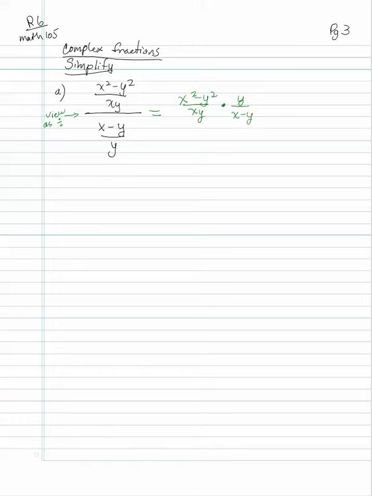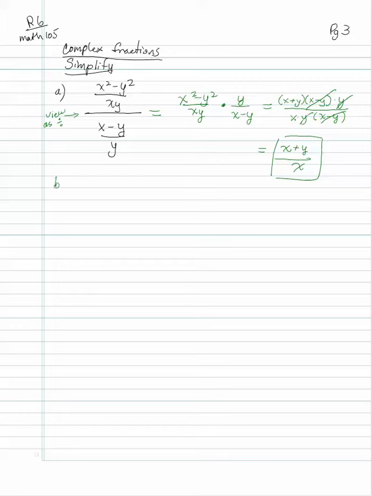And now it's just a regular multiplying one. And then we can factor the tops, the difference of squares. Cancel the x minus y's. Cancel a y. And we're left with x plus y over x. And that's my answer. Okay, so that's one technique: you take the top fraction divided by the bottom fraction. So you view it as a division symbol.